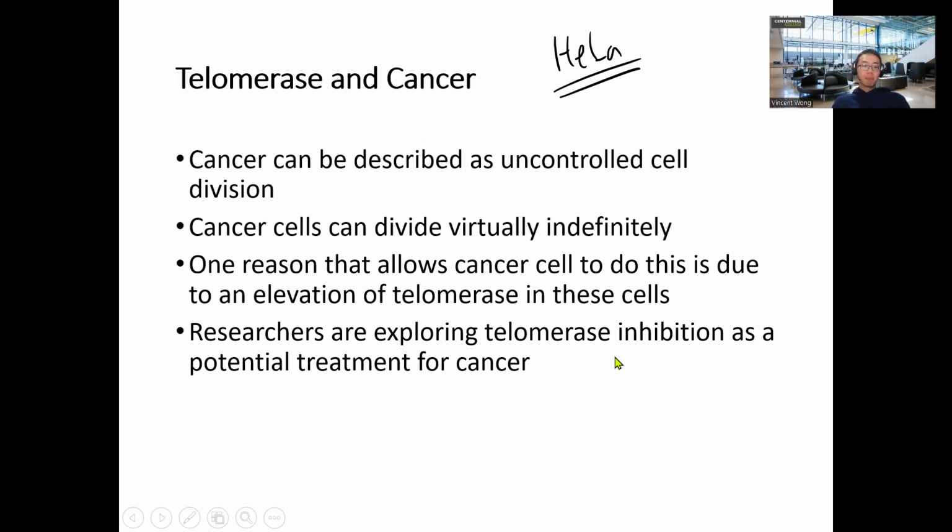The person might not be able to have kids afterwards, because that would also affect the germ cells, right? And so there is always a balance that we have to study more before they could come up with a new therapy. As of now, there is no therapy out there that involves telomerase inhibition.